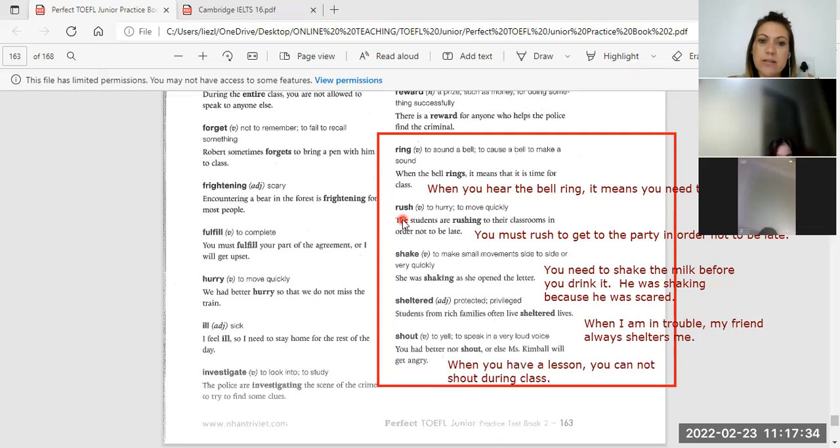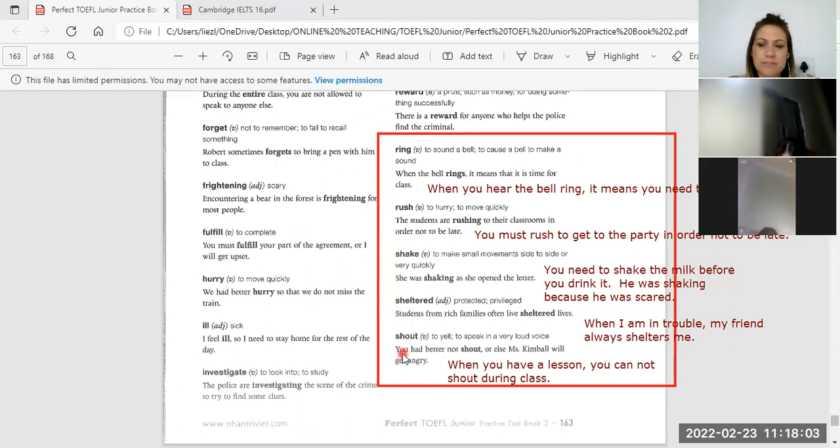Let's try. Rush. Rush mean to hurry, to move quickly. Sheltered. Sheltered mean protect and privilege. Privileged. Good.